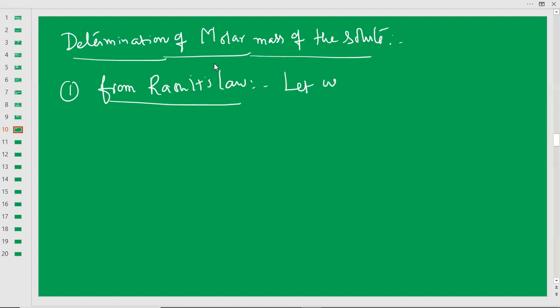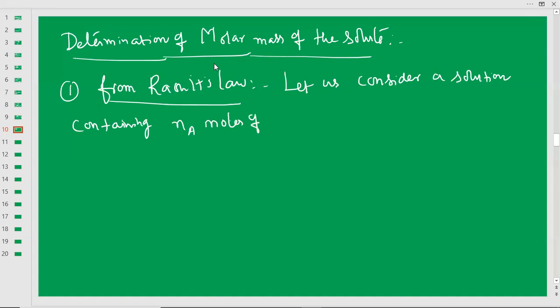Let us consider a solution containing NA is the number of moles of solvent.